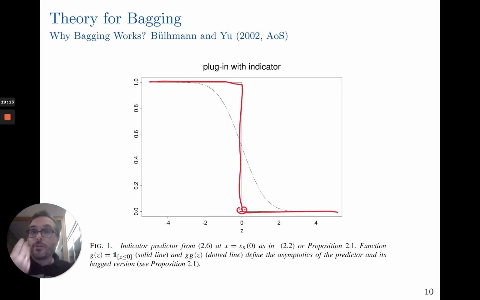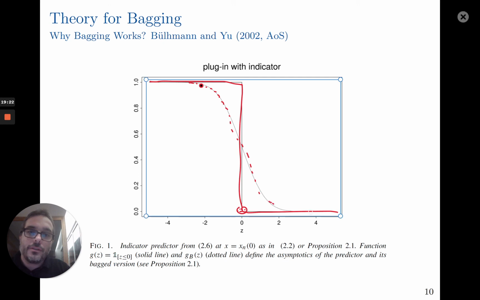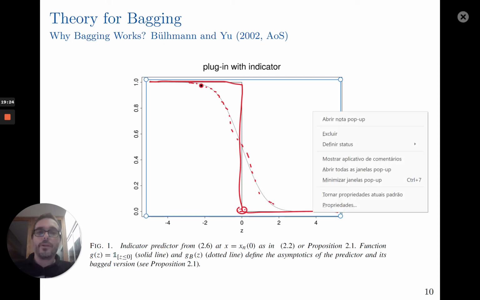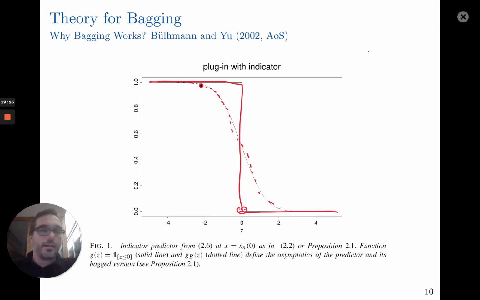But on the other hand, what bagging is doing is moving the decision function around the threshold. So instead of having a sharp decision, a sharp threshold, we are including a smooth threshold.